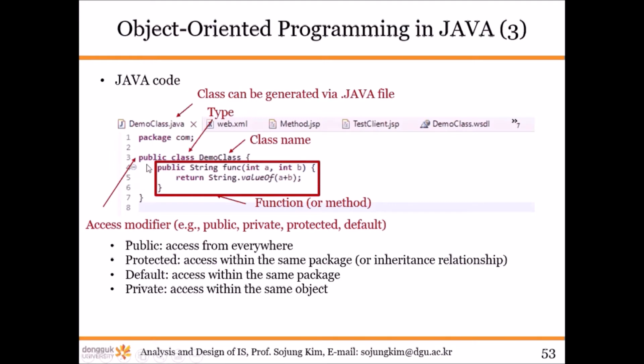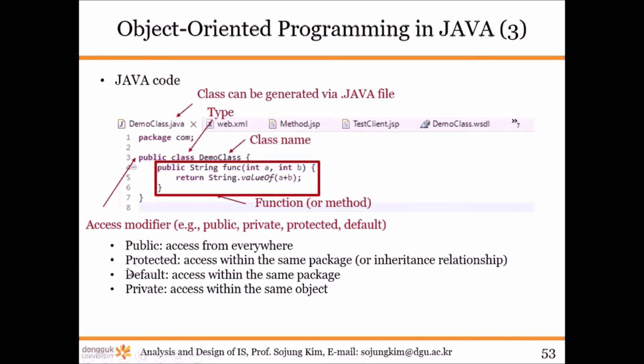Let me briefly explain the access modifier. You can choose from four options: public, protected, default, and private. Usually we use public or private, also protected. Public means all code can access this from everywhere.